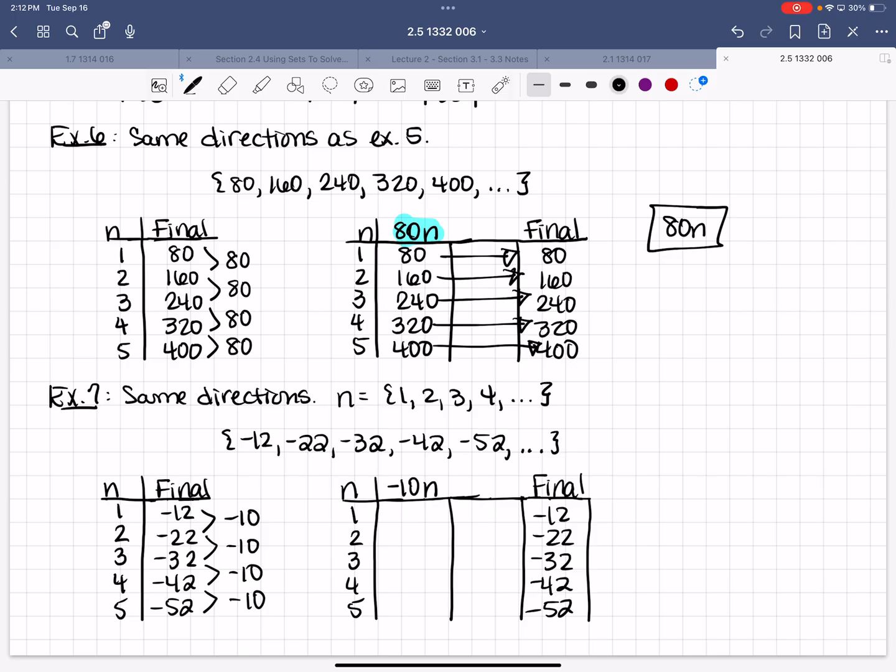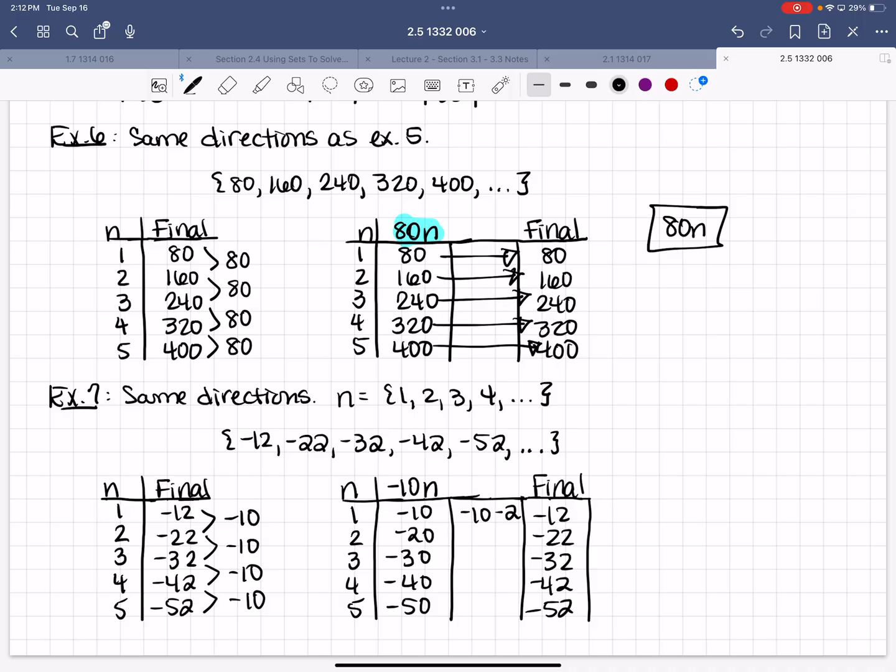Well, let's see what we get when we multiply times negative 10. So 1 times negative 10 is just negative 10. Negative 20, negative 30, negative 40, negative 50. Well, I didn't get the final, did I? What do I need to do to negative 10? Minus 2. Good, minus 2. Negative 10 minus 2 is negative 12.